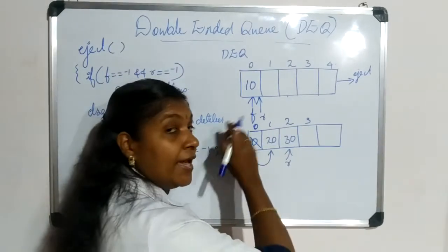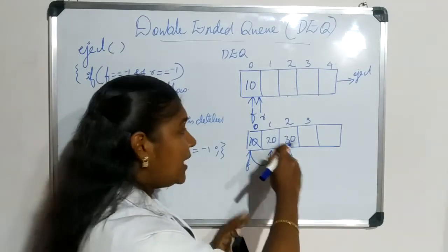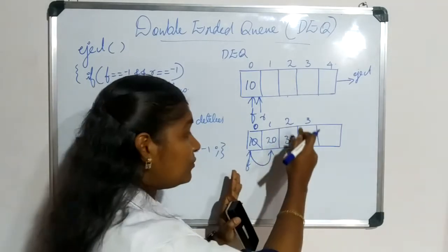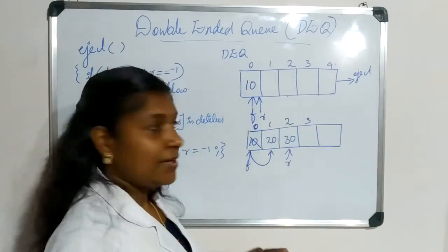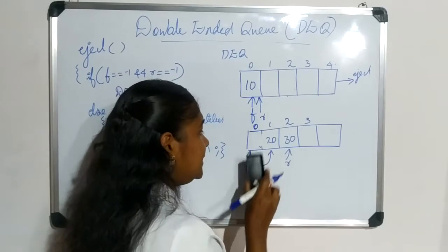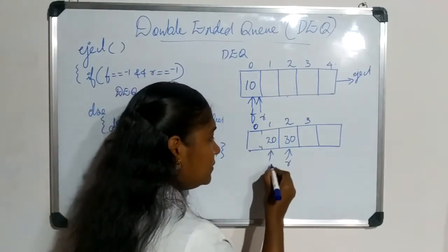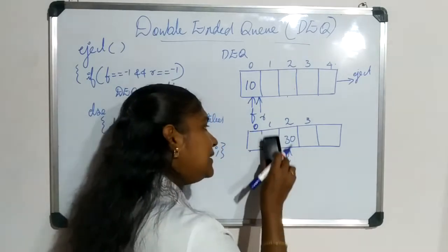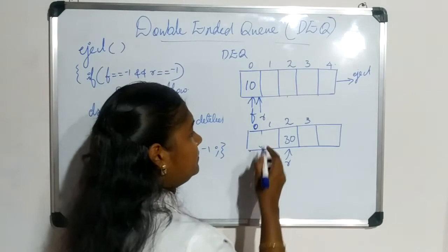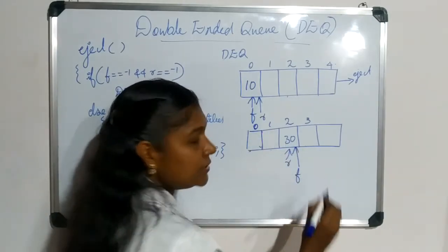While performing DQ, we are incrementing the value of front, and in order to perform inject, we would be decrementing the value of front and inserting the element. Okay. So right now I deleted element 10. Right now F is pointing to position 1. Then again I am deleting element 20 also. So what happened? Right now F is also pointing to this location.